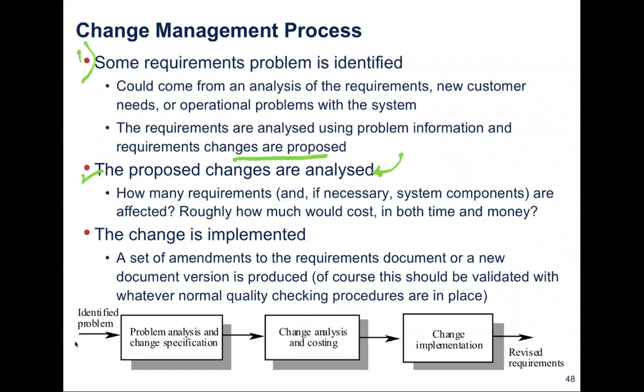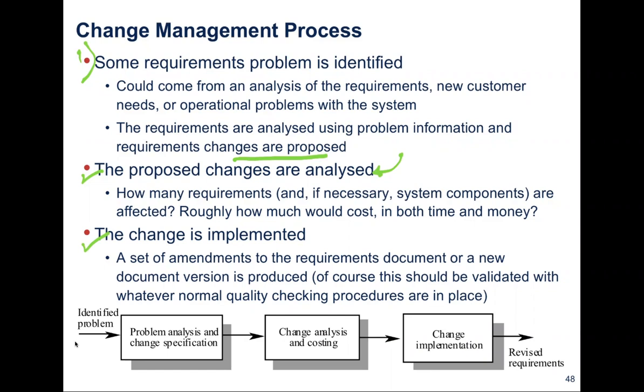So once we accept the change, that means the change is implemented. A set of amendments to the requirement documents or a new document version at this point is produced. Of course, this should be validated with whatever normal quality checking procedure is in place.